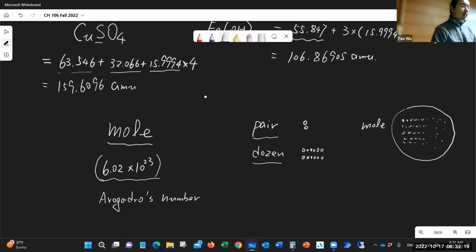Let me give you another comparison. Let's do an example. You generally know the mass of a lollipop, right? A lollipop is generally this big, usually about 5 grams. So what do you think if we have 1 mole of lollipops aggregated together?